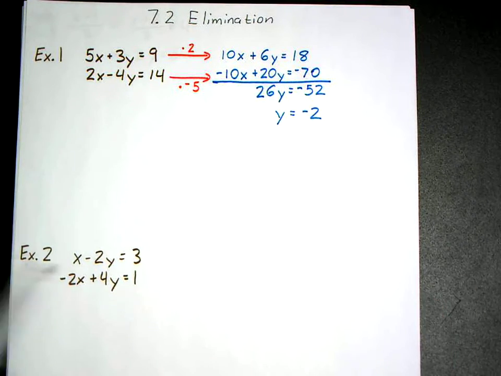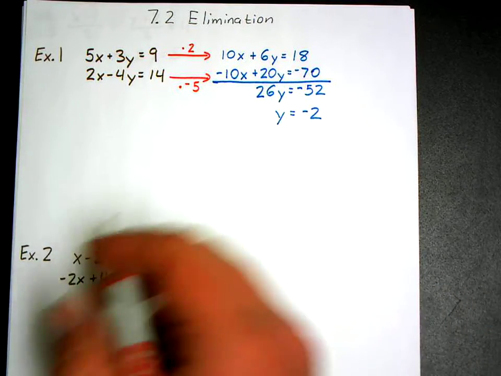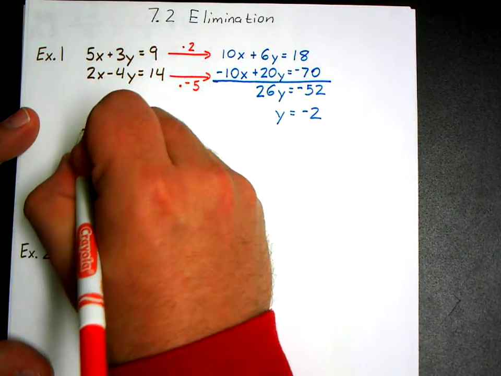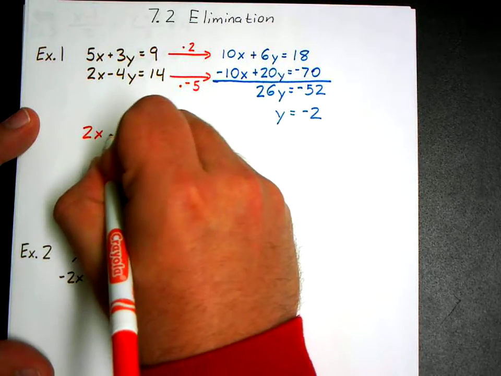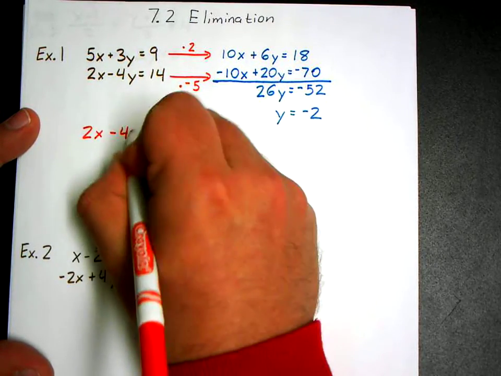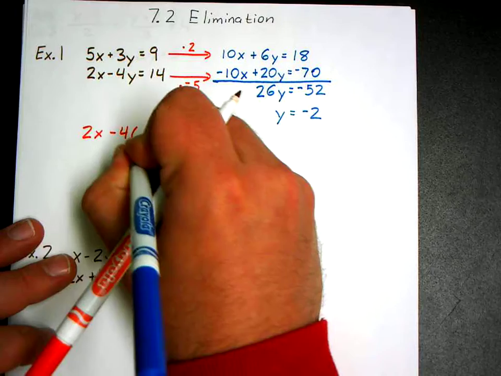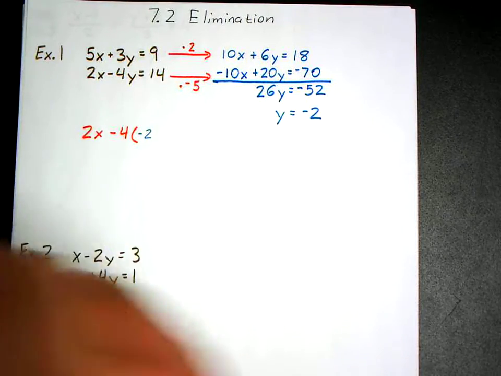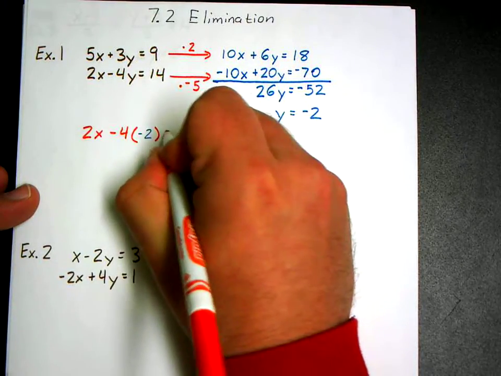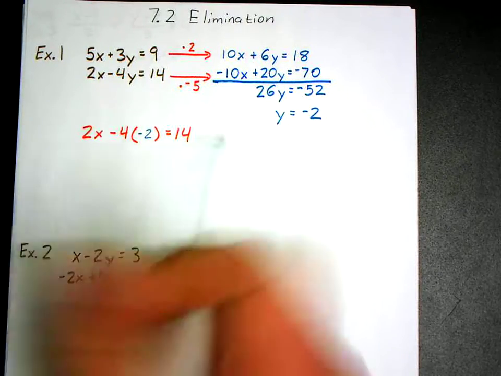Then you go back and you plug that in. Again, it doesn't matter which equation I choose. I'm going to choose the second one just because it looks like it has smaller numbers. And you figure out what x is.